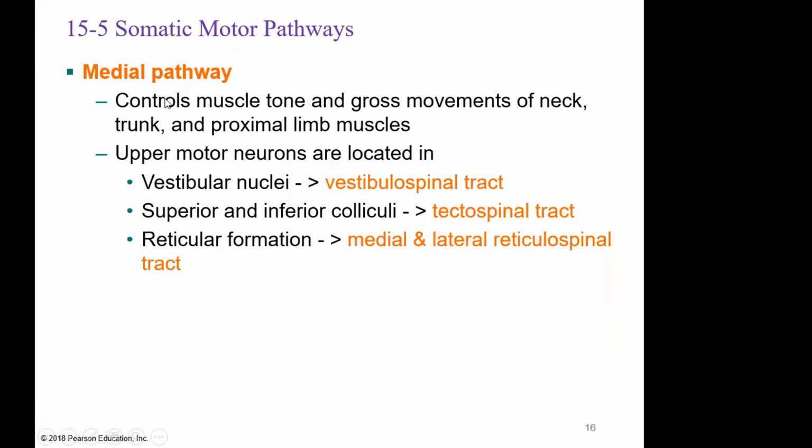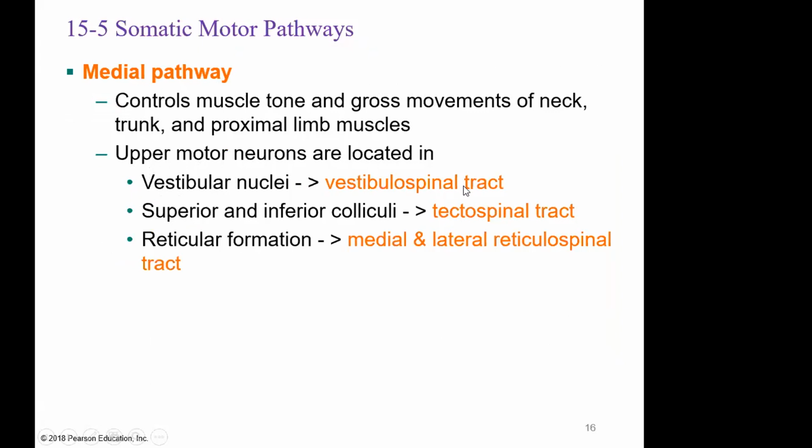For our medial pathway, you've got 3 things that you want to be aware of. When we're looking at the muscle tone and gross movements of the neck, trunk, and again, the proximal limbs, we have upper motor neurons located in the vestibular nuclei. You guys have seen that word before, but maybe it'll come to you in just a second if you don't remember where.